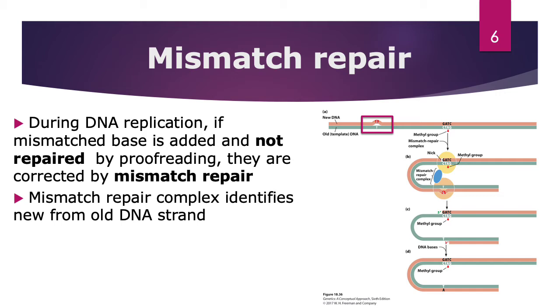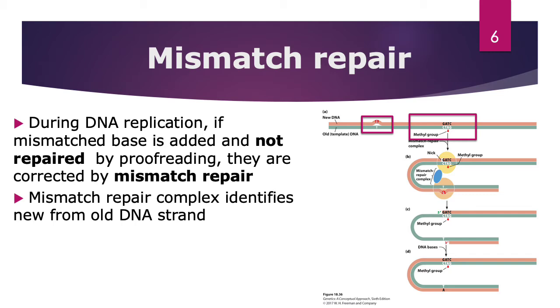In order to determine which is the new strand and which is the old strand in the case of bacteria, the complex looks for a site in the vicinity of the mismatch which has the sequence GATC, as shown in the next box. This GATC site is usually methylated in the case of bacterial DNA.